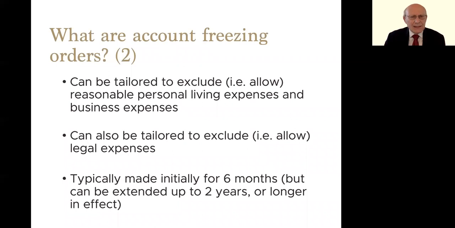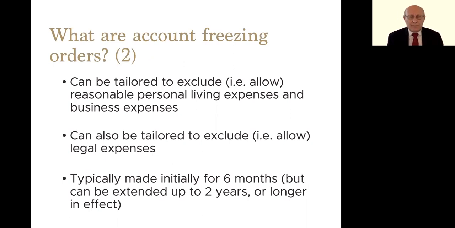And typically an account freezing order is made for 6 months, but it can be extended for up to 2 years from commencement. And as we will come on to later, in practice, it can extend longer than 2 years from commencement. And I'll explain why when we get there.